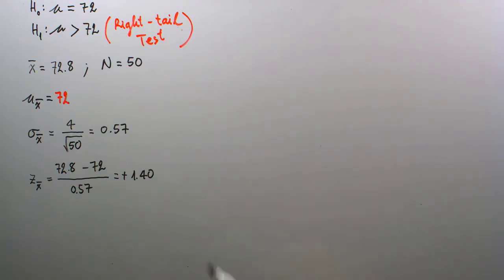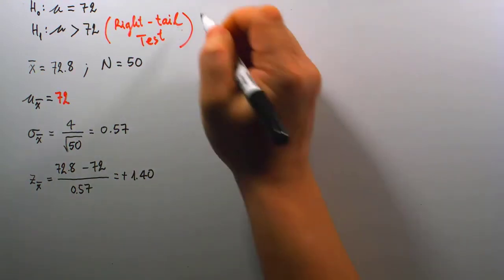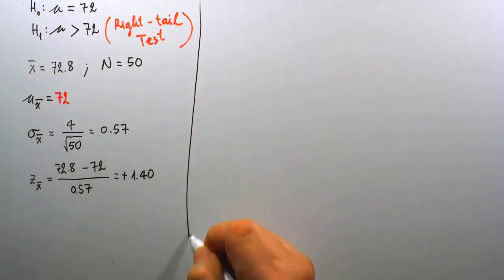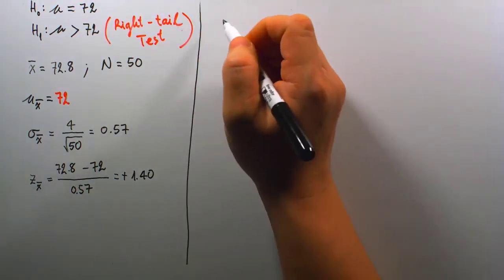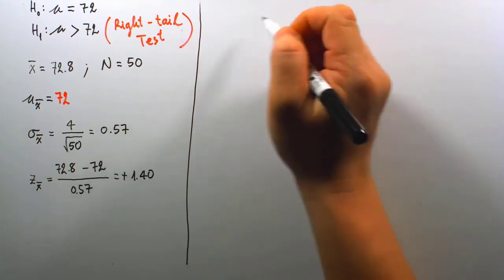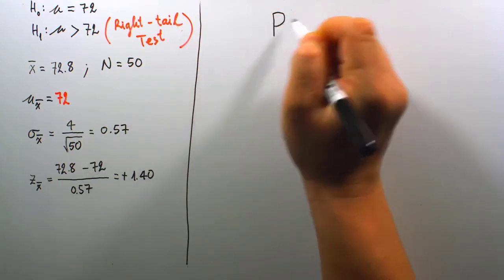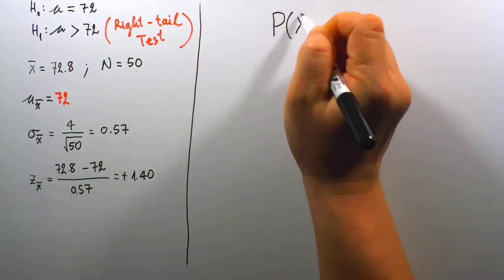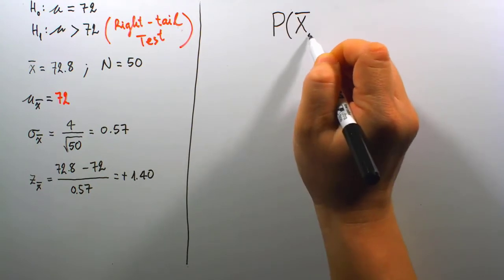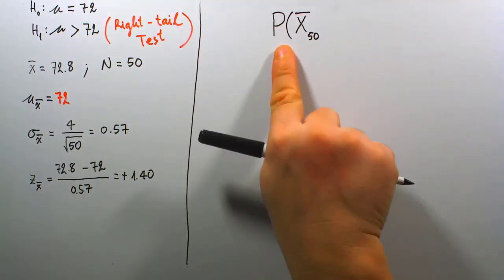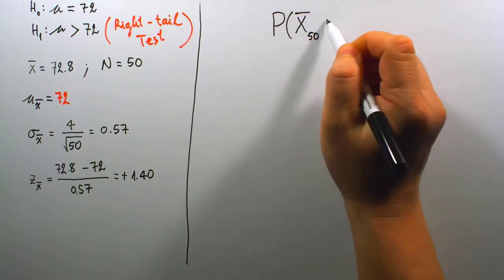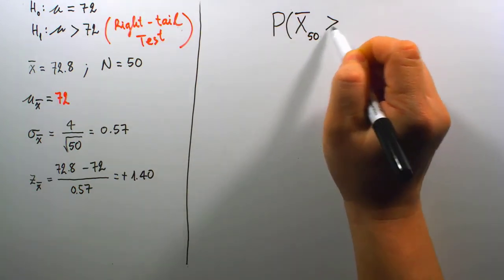And now, for the next step, we are going to calculate a probability value. So among all sample means of size 50, I am looking for the probability that we run into a sample mean greater than or equal.